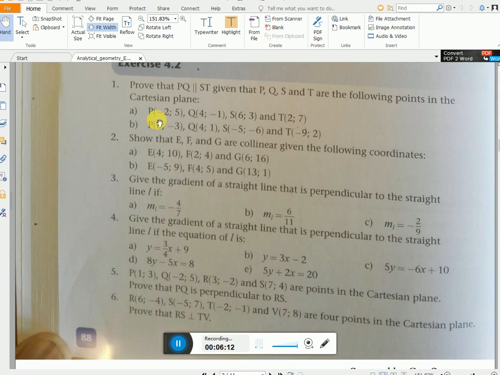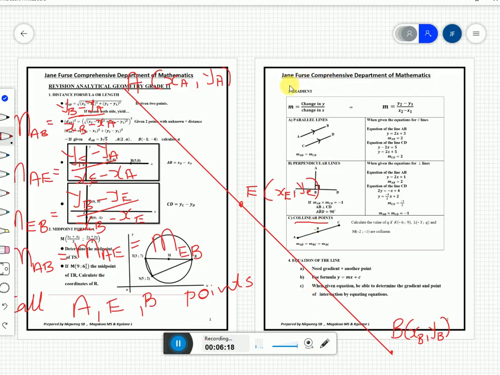From this given information, I just want to wrap this, people. Let me just wrap these formulas.